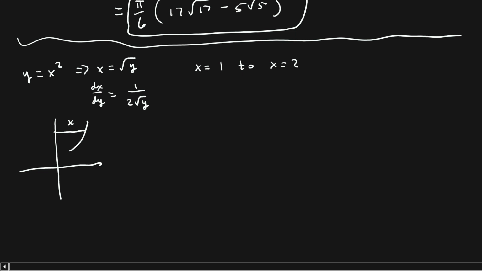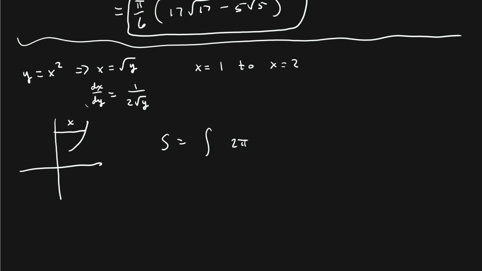Okay? So we're going to get s is equal to the integral, that's going to be 2 pi. All right. So the derivative that we're plugging in is in terms of y. So that's telling us that our function that we're integrating is all going to be in terms of y.